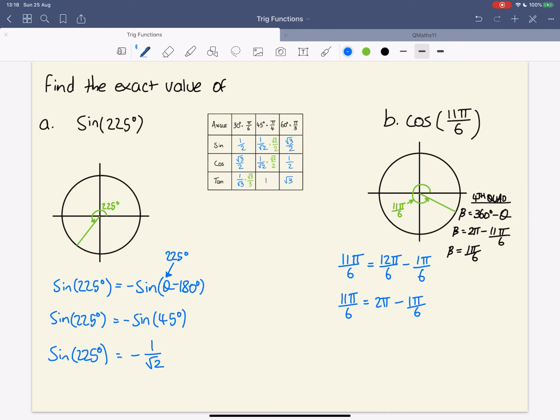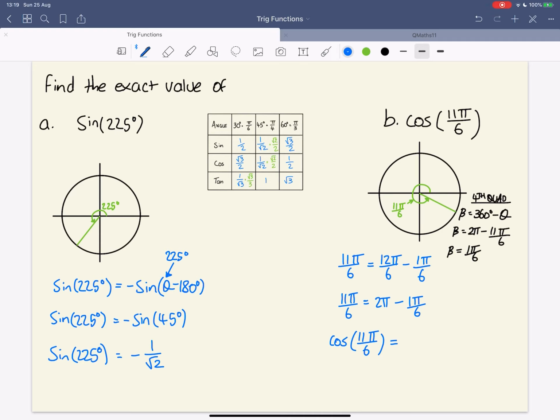So let's go back to our question. So we know that the cosine of 11 pi on 6 is equal to, now because we're in the fourth quadrant, cosine is still positive here.